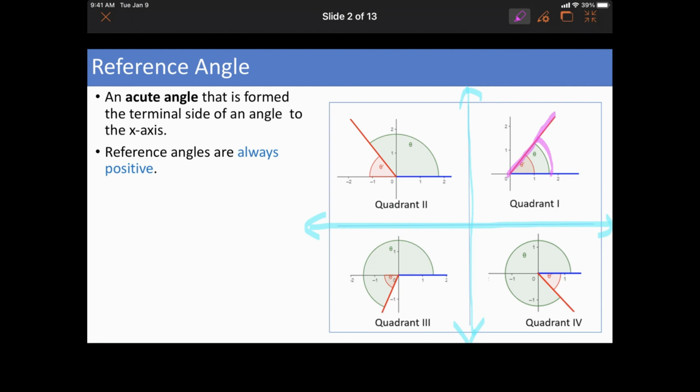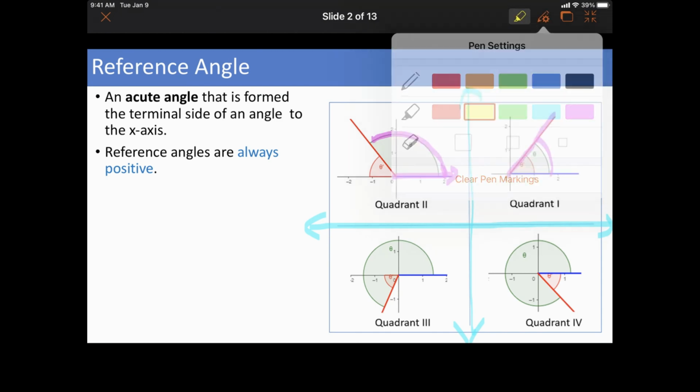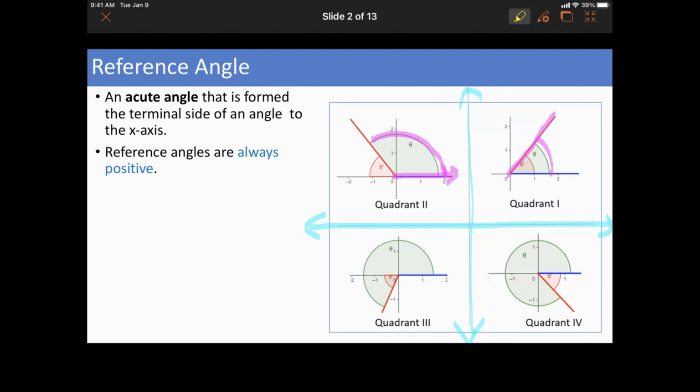Over here in the second quadrant, this is the angle from here. Again, we always start at the positive side of the x-axis, and you're going here. So then the reference angle, again, is from the end to the x-axis, because it's always from the end side to the x-axis, so it would be here.